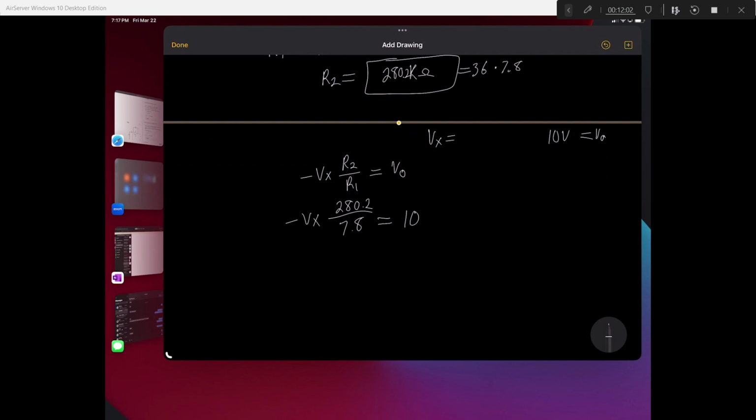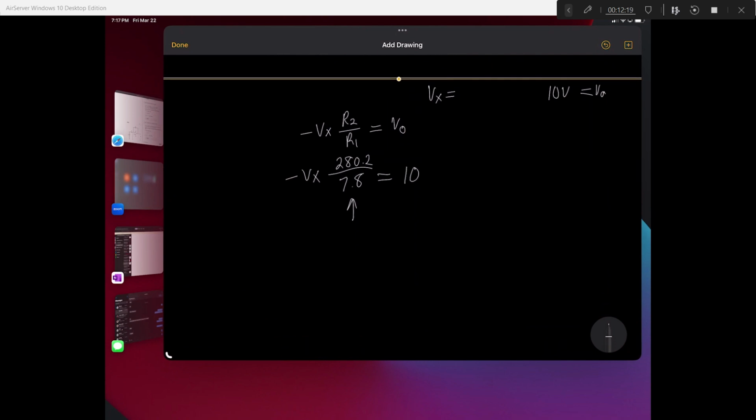So whatever number we get here, let's divide that over. So this divided by 7.8, you get 36, which is what our M is. So it's going to be negative 10 over 36.